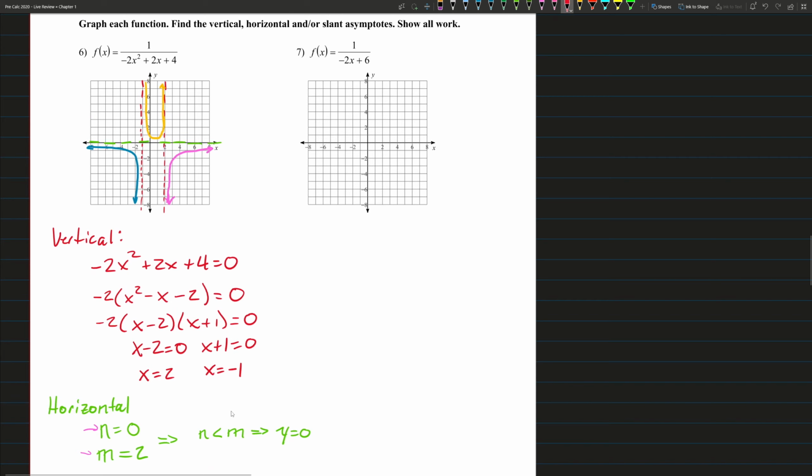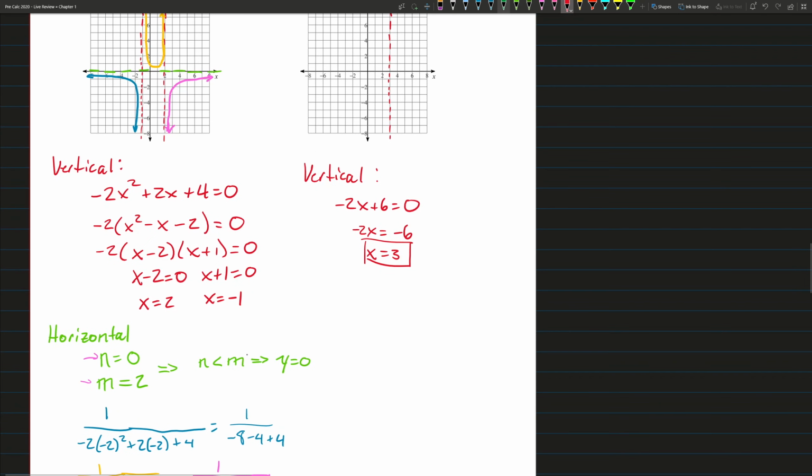For number 7, we do the same thing. We test for vertical. So we set negative 2x plus 6 equals 0. And we just solve. So negative 2x is equal to negative 6, so x is equal to 3. Right, so that's our vertical. Easy. Okay, horizontal.